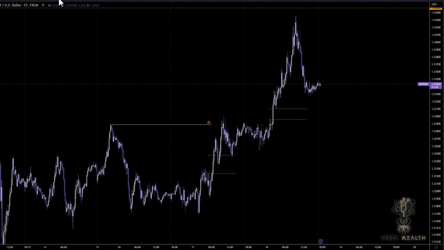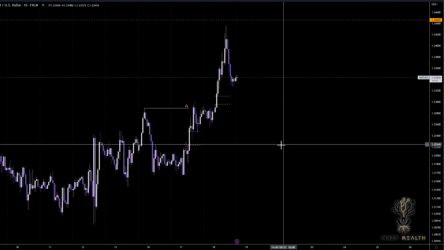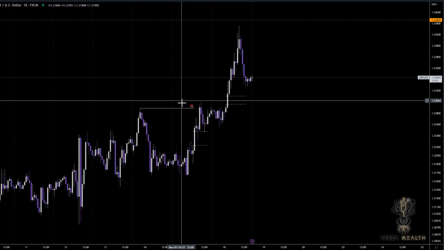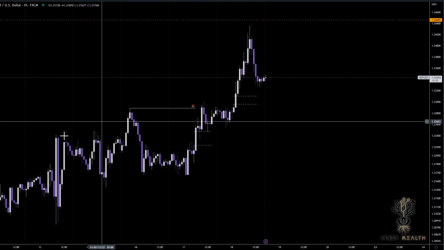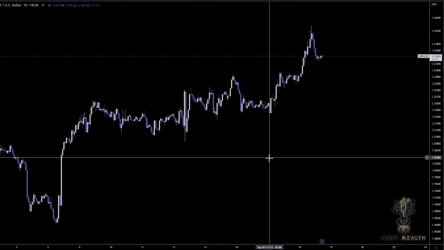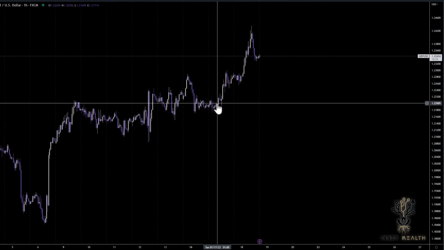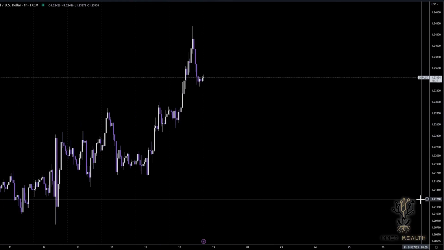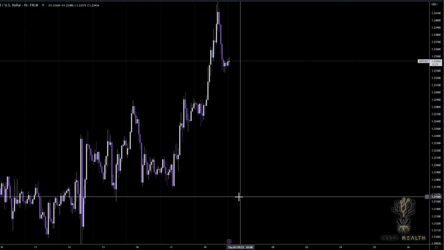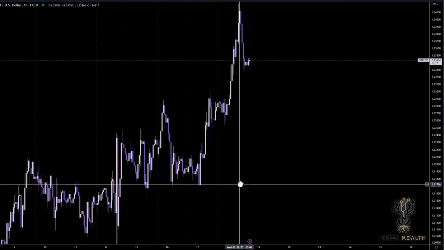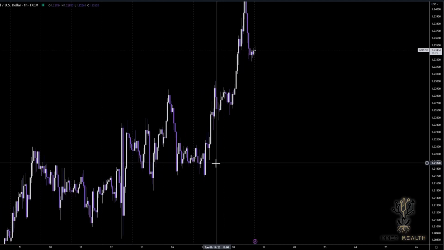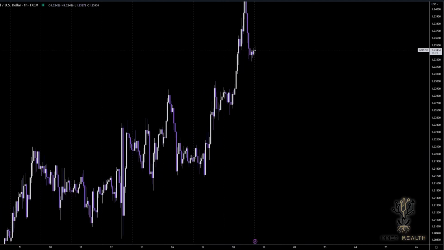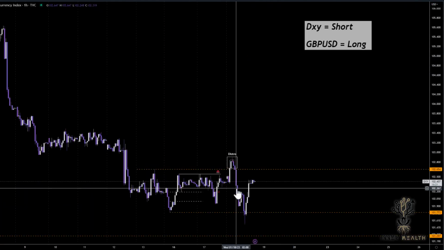So now let's go over to the 1 hour here on GBP USD, and we're going to clear our chart. And we're going to go to the 17th where we anticipate price action to go long. Why? Because US dollar was going short. And so let's go back and review that.